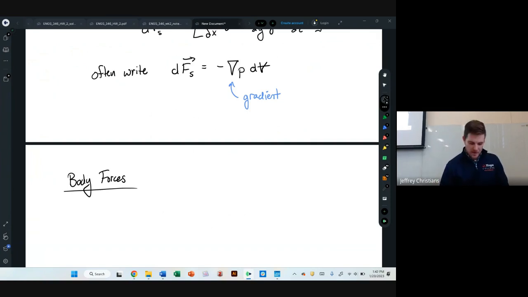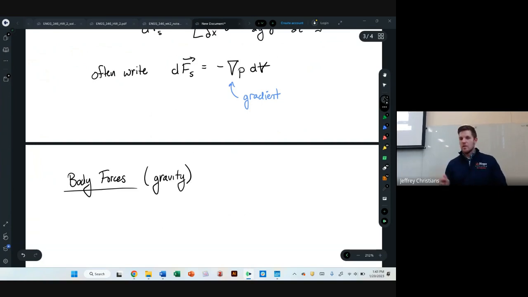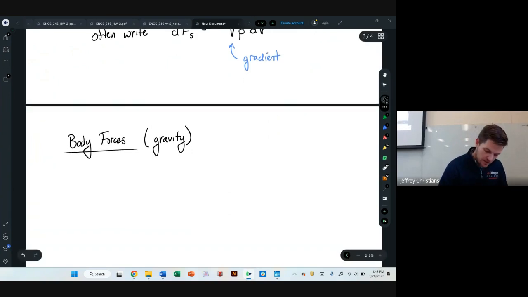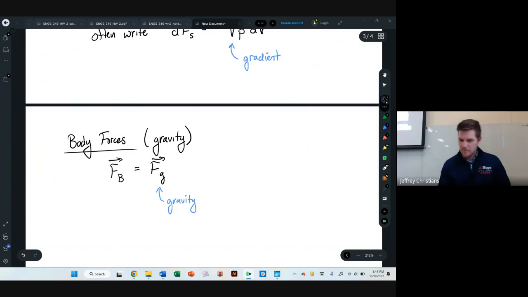So in almost every case, we're talking about gravity. So when we look at body forces, FB, our body forces are just gravity.